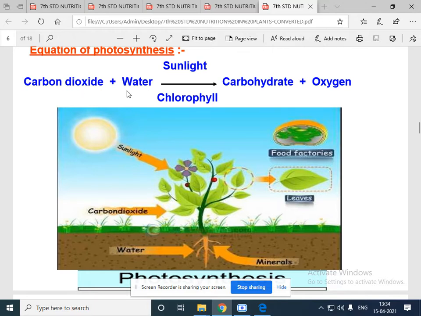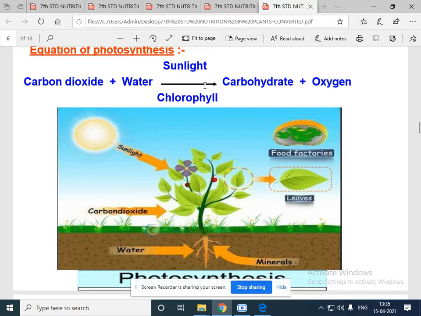Carbon dioxide and water, in the presence of sunlight and chlorophyll, give carbohydrate and oxygen. The plant uses carbon dioxide and water in the presence of sunlight and chlorophyll to give out carbohydrates and oxygen. This process is photosynthesis. Remember this equation of photosynthesis.